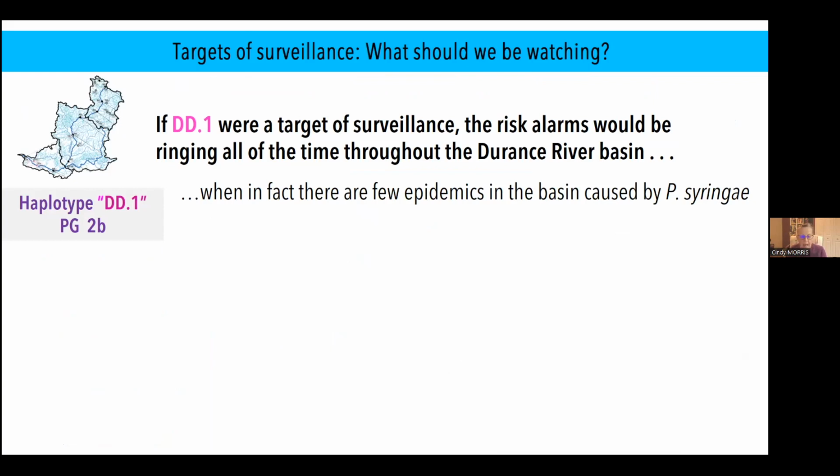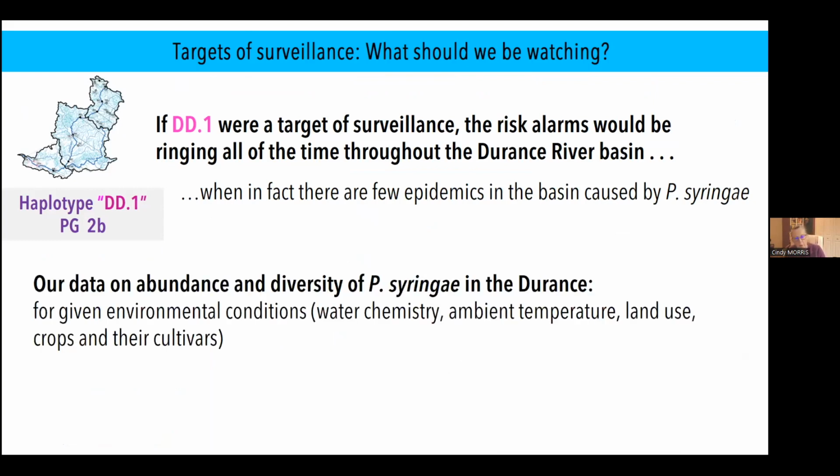And so my feeling is that our observation is like time zero. We observe this under given environmental conditions of water chemistry, ambient temperature, land use, and cultivars. And so perhaps the key thing to be watching, and I'll talk about this later, is change of these situations.